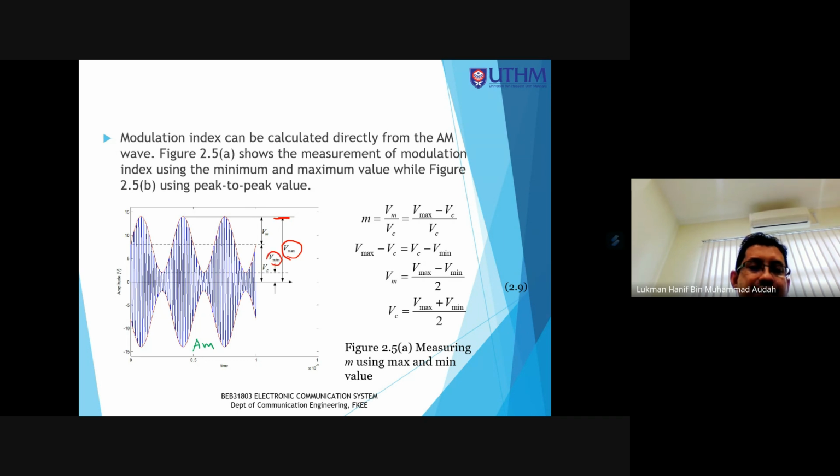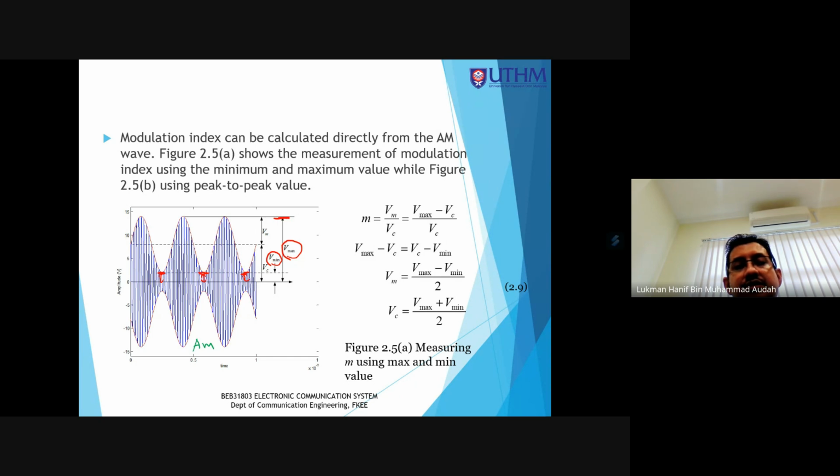Vmin is measured from the lowest amplitude, the lowest amplitude would be this part, until the x-axis. So this is the Vmin.